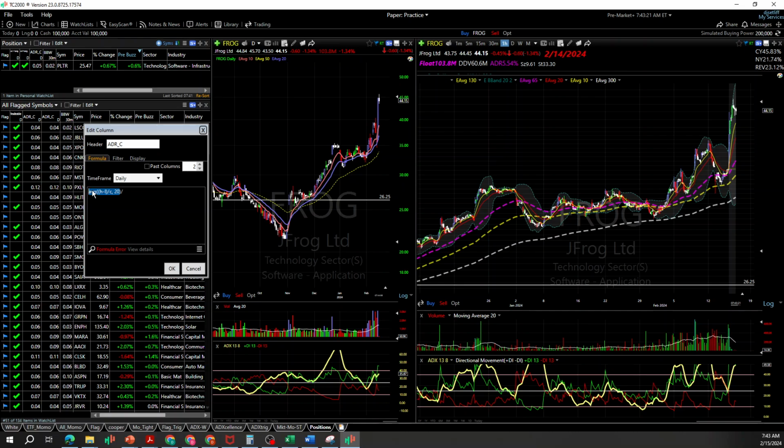So if we take that same concept of taking a short-term average and dividing it by a long-term average, right now you can use 3 periods or 5 periods or whatever you want, but the idea is you're taking a short-term average of the ADR and dividing it by a longer-term average. And you've got to make sure your formula is correct and that you have the right parentheses and so on, because if this thing is red or showing negative, that means you have something off with your formula.